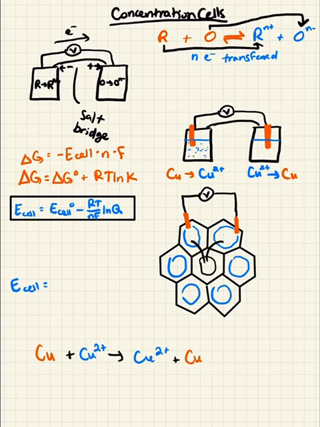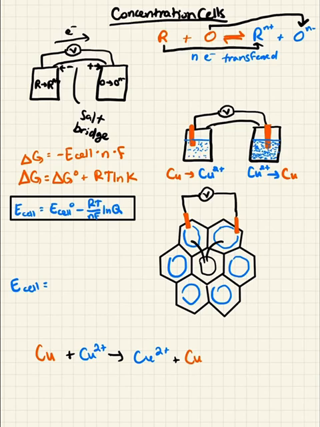So I'm going to set this left half to be one concentration and the right half to be some other concentration. Now, I'm going to draw a lot more dots in the right half, and that is because there should be a concentration differential between the two.